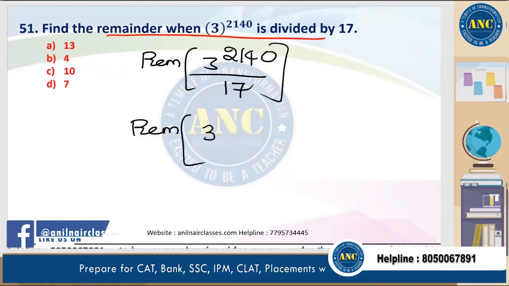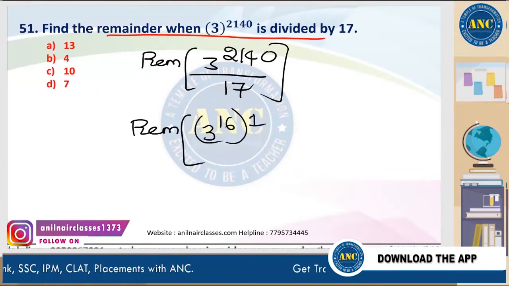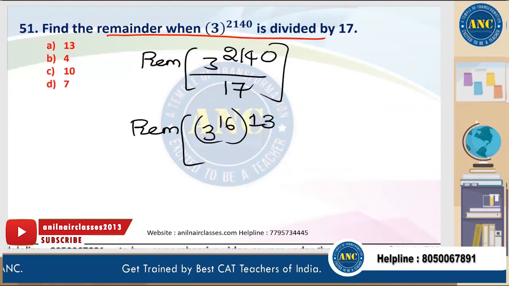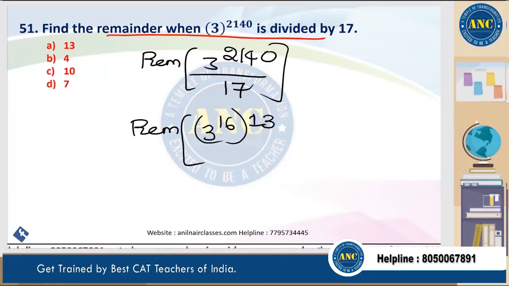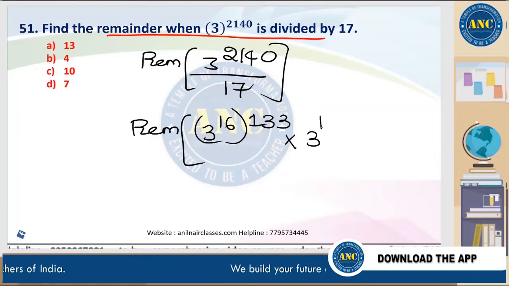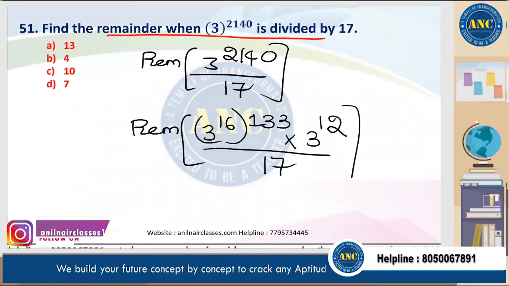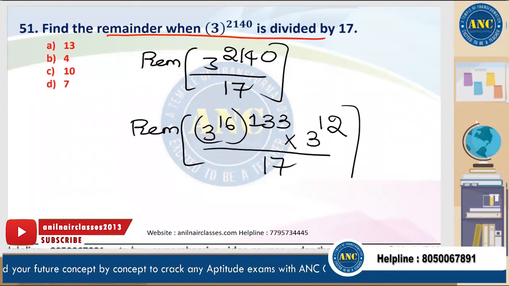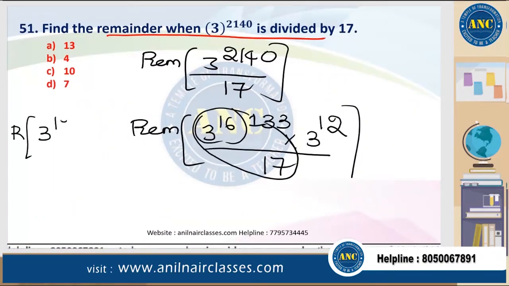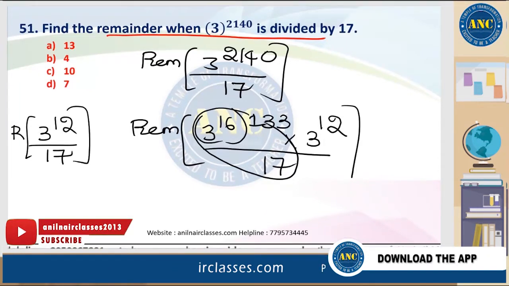So if I take 16, ones are 16, 54. 16 threes are 48, 60. 16 threes are 48, remainder 12. 3 power 12 divided by 17. So this is nothing but 3 power 12 when divided by 17.